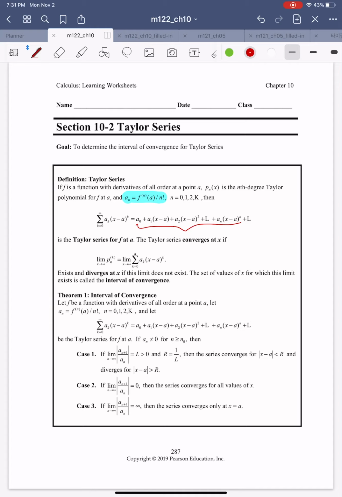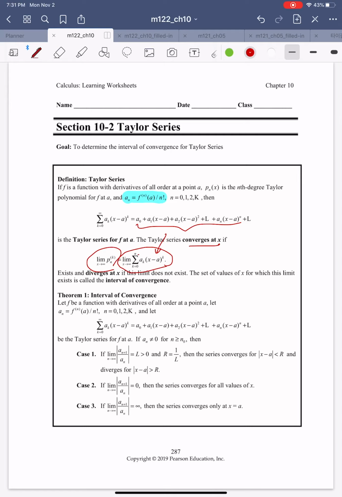The Taylor series converges at x if the limit of the Taylor polynomial as n goes to infinity exists and equals the sum of our Taylor series, and diverges at x if this limit does not exist.